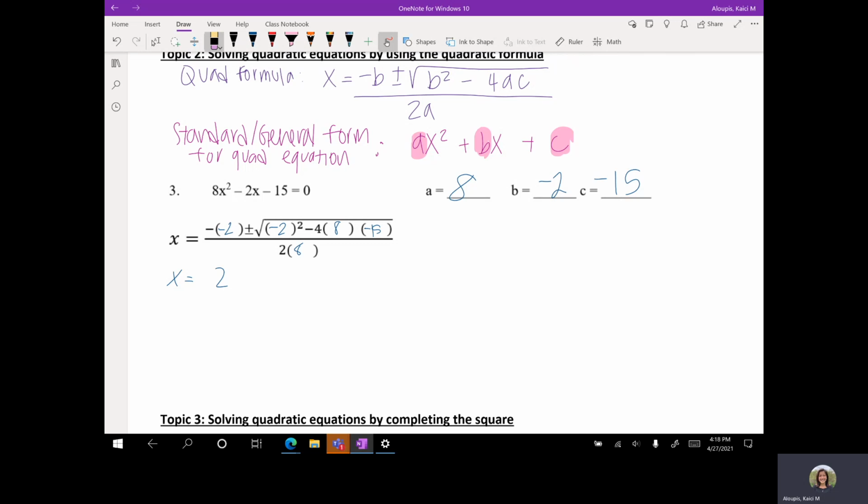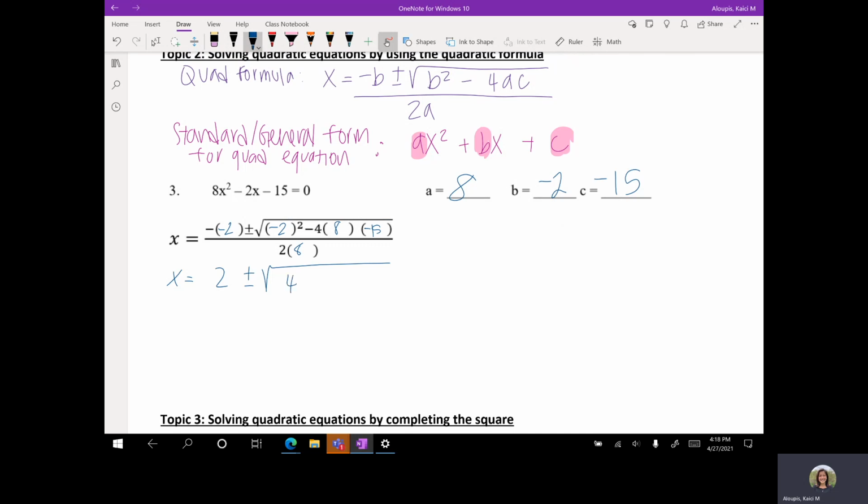Well, two negatives make a positive, so I'm just going to write that as 2. 2 plus or minus the square root of negative 2 squared. Negative 2 squared is negative 2 times negative 2. Two negatives make a positive, right? And 2 times 2 is 4. So negative 2 squared is 4.